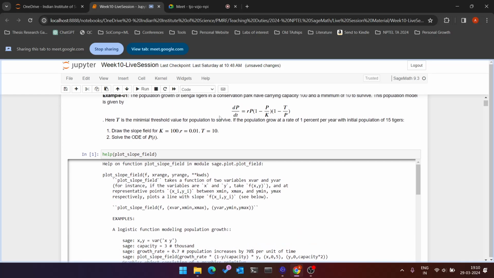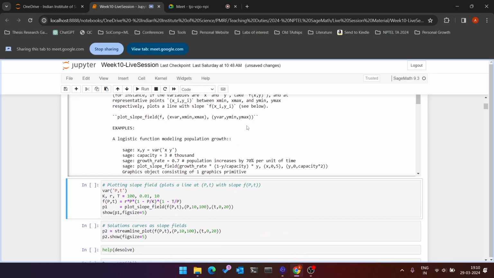So suppose at p equal to p naught and t equal to t naught, we have the point p naught comma t naught. If we have provided dp by dt equal to rp and so on, this whole expression as the function, then it will be evaluated to find the slope, and a small line will be plotted passing through p0 t0 with this slope.